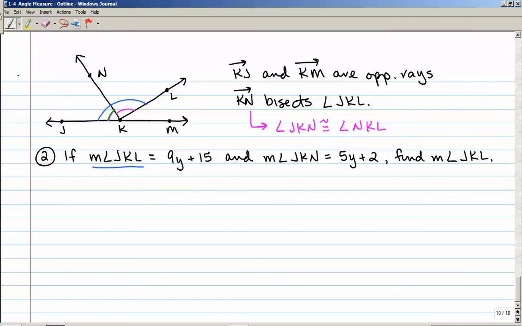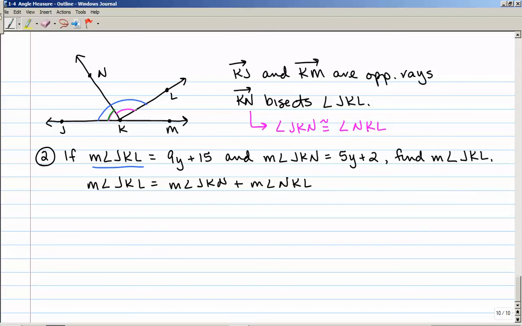Okay, so I know that JKN and NKL are congruent to each other. So what that means is, well, let's go ahead and write this. So angle JKL, that's the big one, is equal to the two smaller angles. The measure of angle JKN plus the measure of angle NKL.